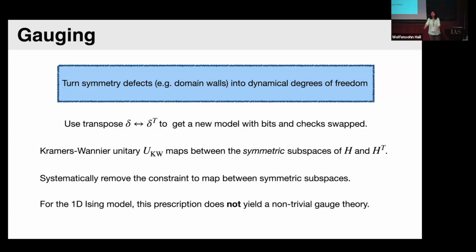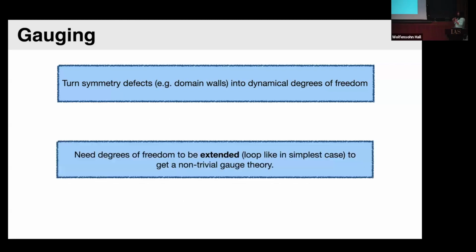You just get back the 1D Ising model with the role of J and H swapped, if you were thinking of a transverse field 1D Ising model. So you need something extra in order to get a non-trivial gauge theory, and the extra thing that you need is for your degrees of freedom, which are my domain walls, to be extended. You want the gauge theory to describe some theory of extended objects for it to be non-trivial.